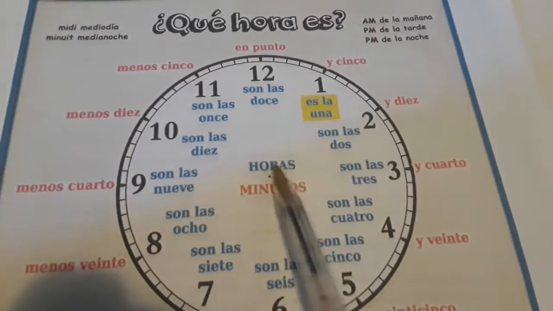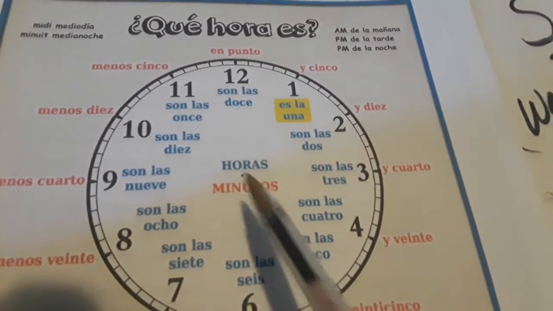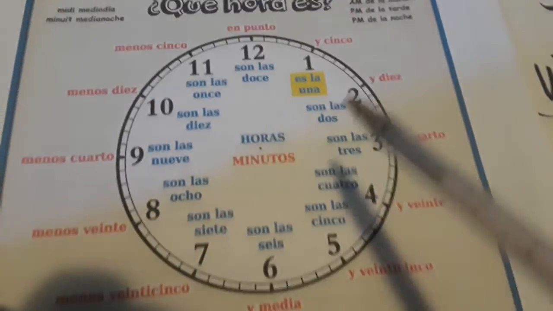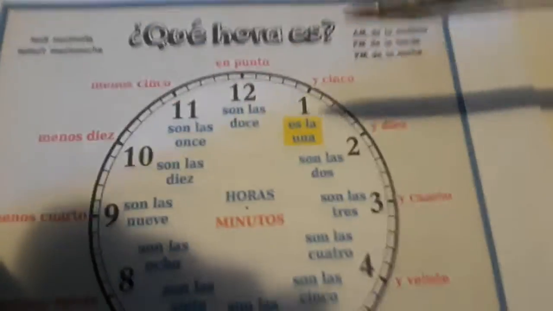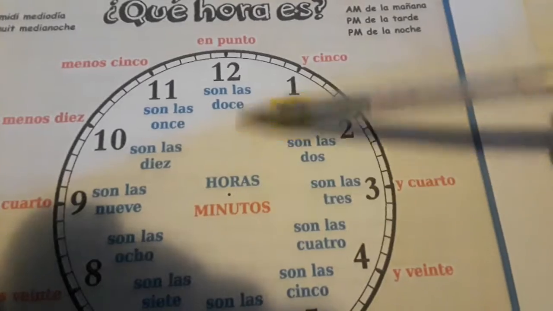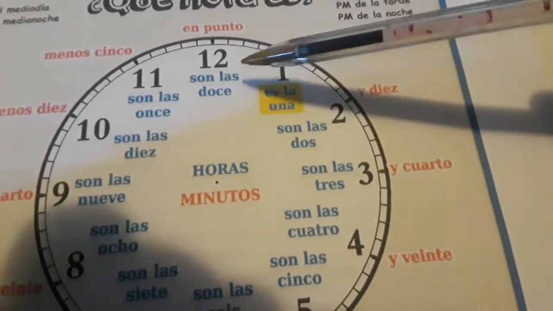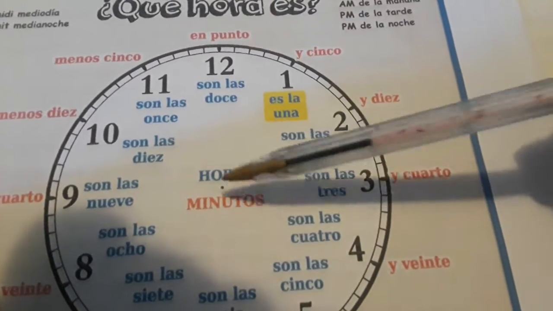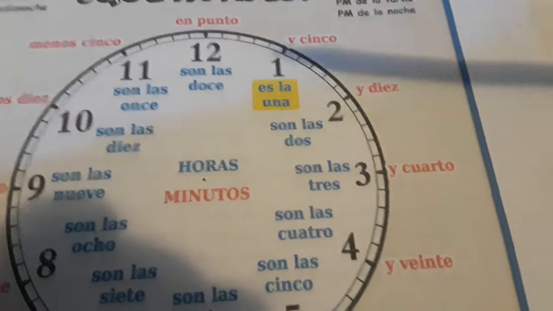So this is horas. You would have an hour hand, the short hand, and the minute hand, the long one, would be red. I don't have that. I'm just showing you how to say these things. So the hours, son las, which is in blue, son las 12. Okay, it's 12 o'clock, son las 12.